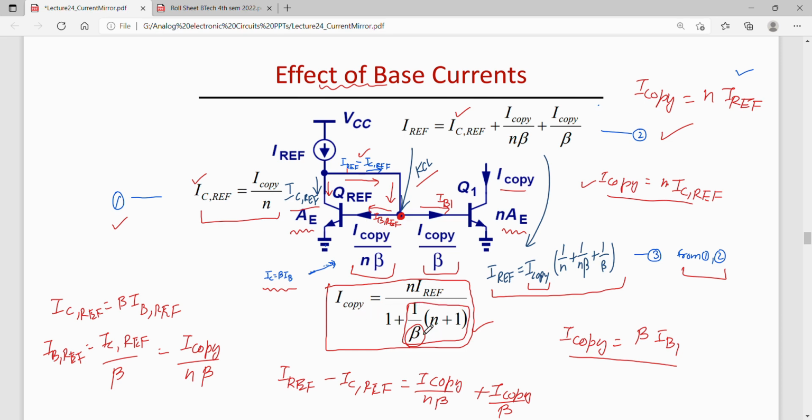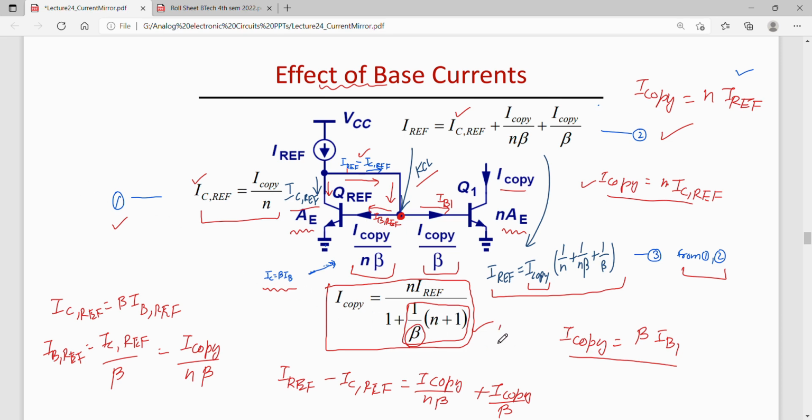Okay, so how to make this small? If beta can be increased somehow. If beta somehow increases, then this term can be made small. Okay, so let us see how to make this term small so that the conversion accuracy, or mirroring accuracy, becomes good.